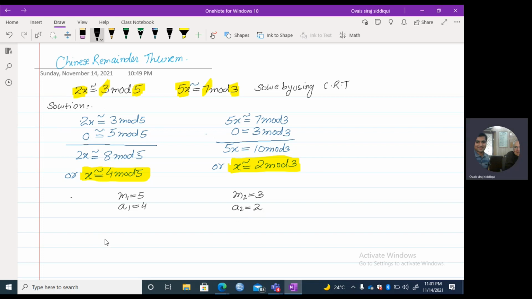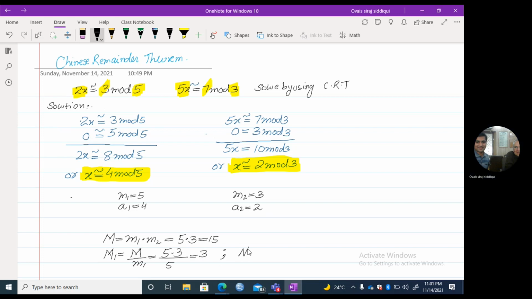Now for the next step we have to find capital M. Capital M is equal to m1 times m2, that would be 5 times 3 that is 15, and then we have to find capital M1. Capital M1 is equal to capital M divided by small m1, that would be 5 times 3 divided by 5, so capital M1 is 3.